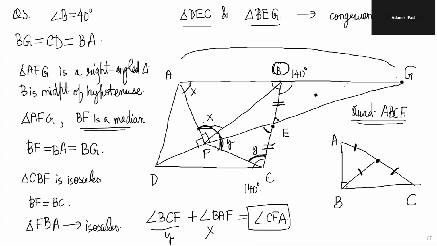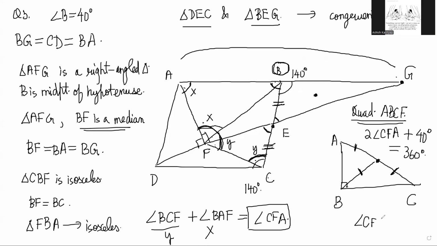So when you add up everything, you get 2 times CFA. That is the sum of these three angles, right? Plus this angle, which is 40. Should add up to 360. From where we get CFA angle is 160.